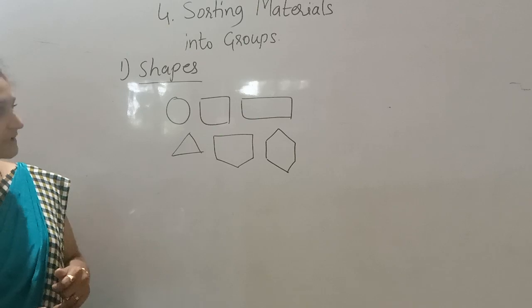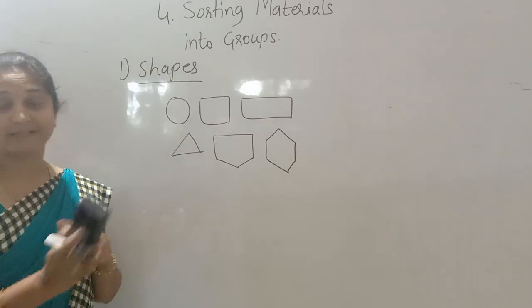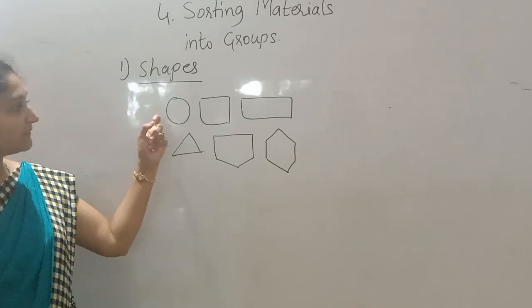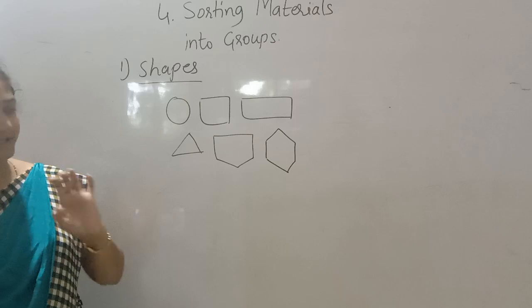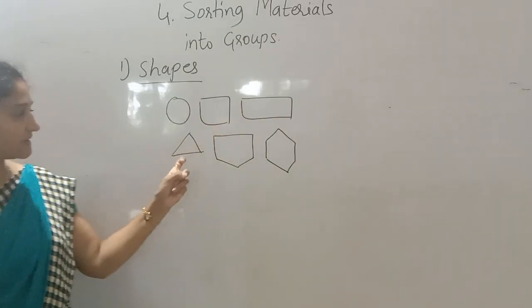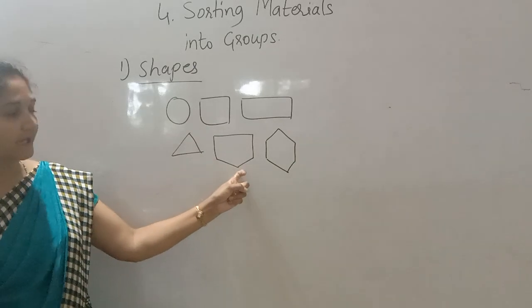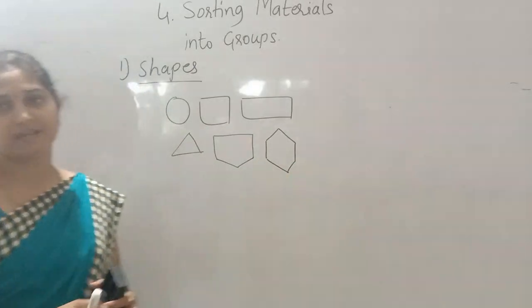By considering their shape, they are going to be classified, sorted out, separated. If they are round shape, they become round shape objects, square shape objects, rectangle shape objects, triangle shape, pentagon and hexagon. This is by considering shape.